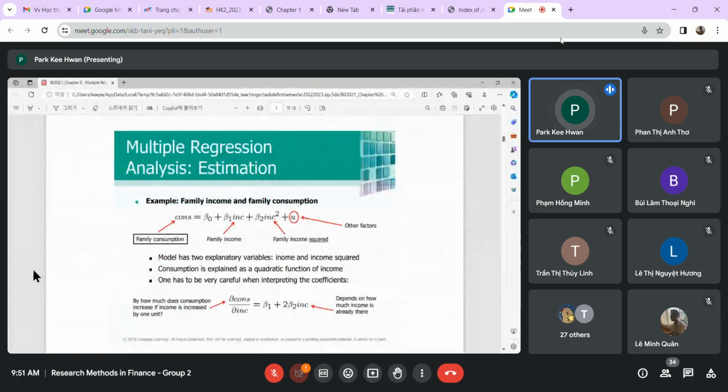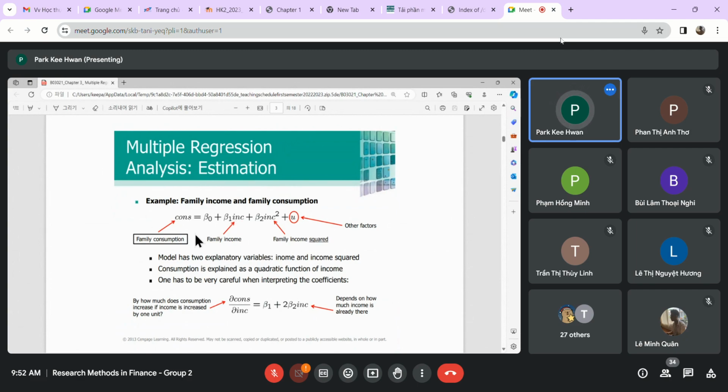Okay, so look at this example. Here, we regress family consumption on income. But you can have another variable, which is the squared income. When you have the simple regression, you can only regress consumption on income.